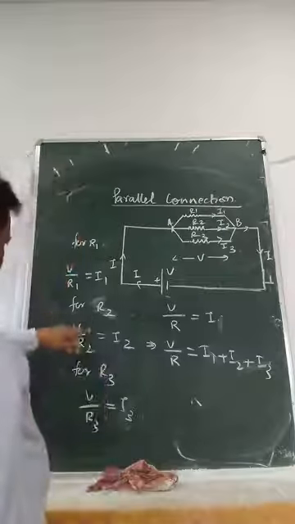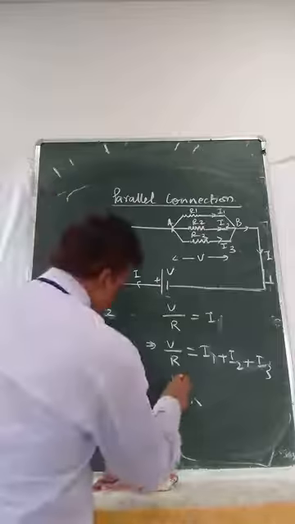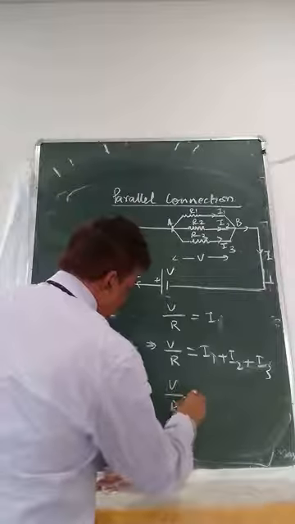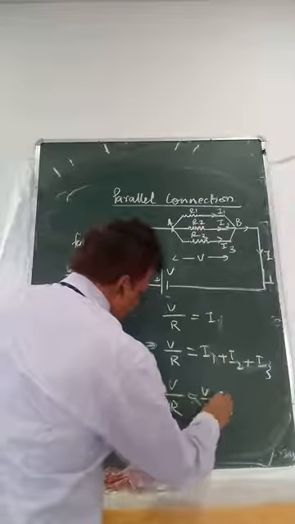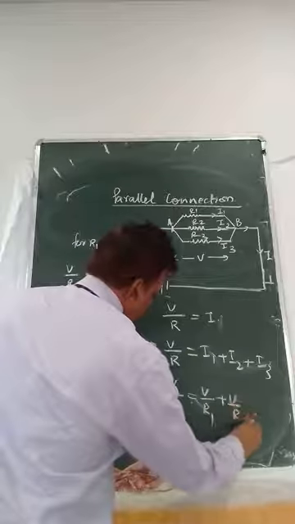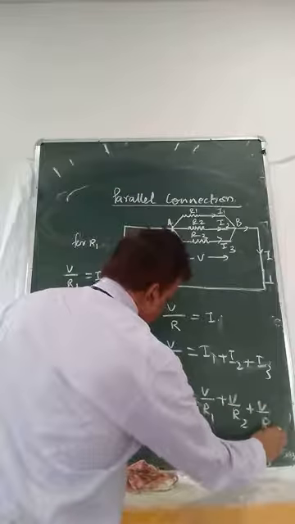Then what is I1? V by R1. So V by R equals V by R1, V by R2, V by R3.